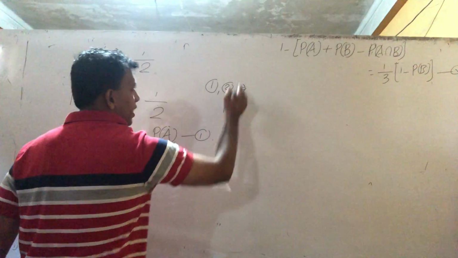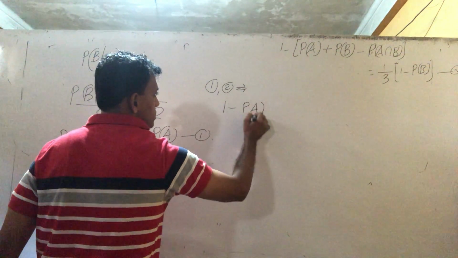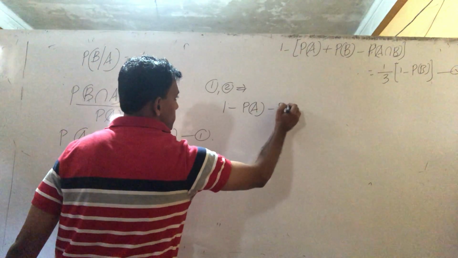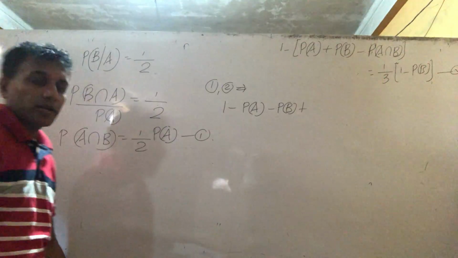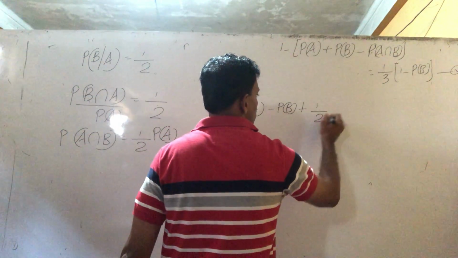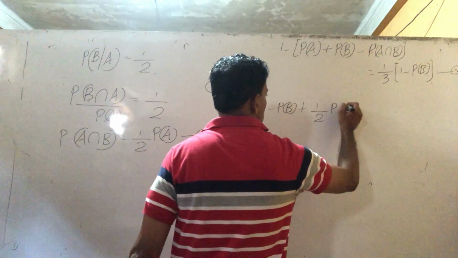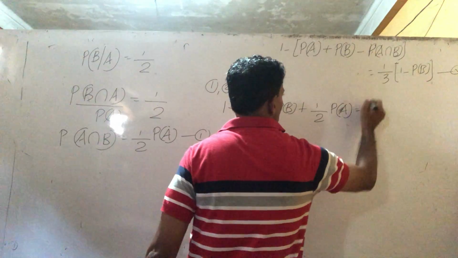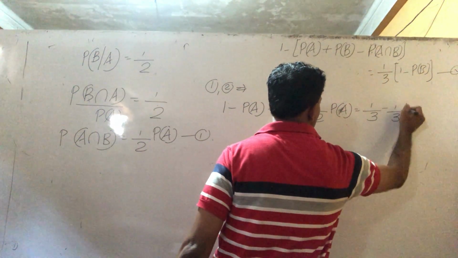Here in 1, I will multiply by minus also. Minus PA, minus PB, plus A intersect B, say half PA, multiplied by 1/3, minus 1/3 PB.